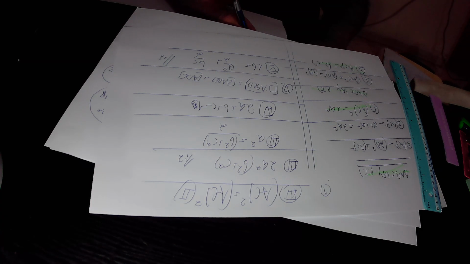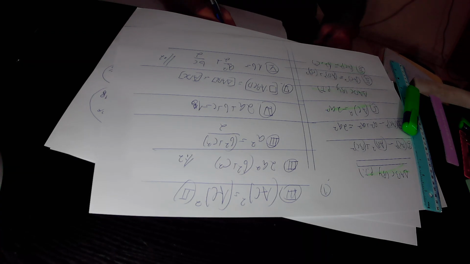32 equals A squared over 2 times 2, which is A squared, plus BC over 2 times 2, which is BC.